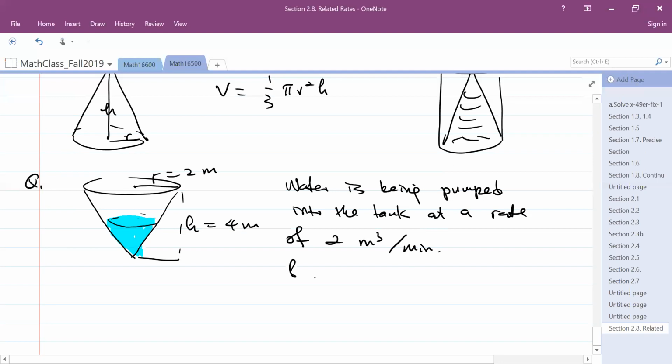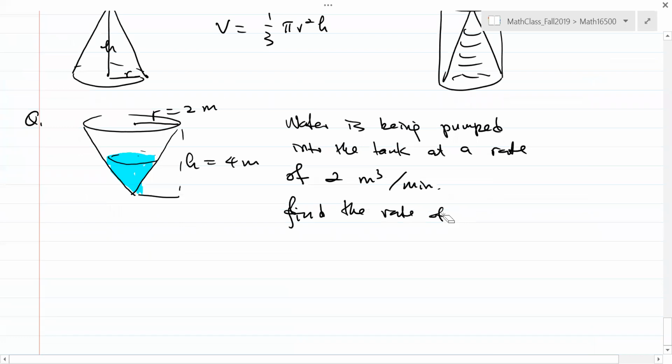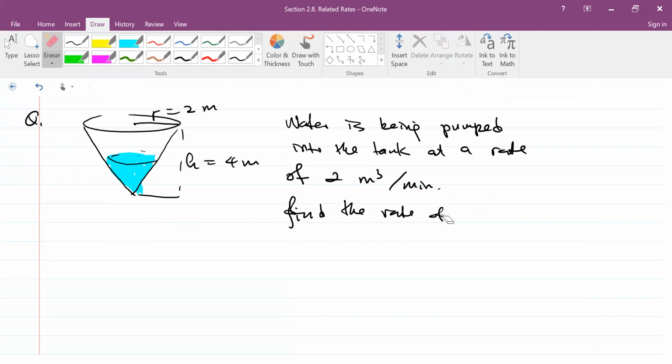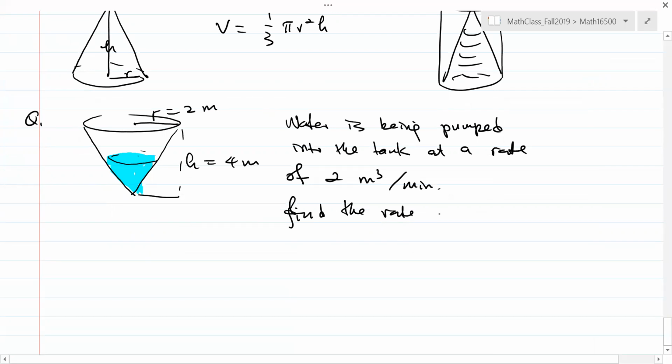So we want to find out the rate at which the water level is rising when the water is 3 meters deep.